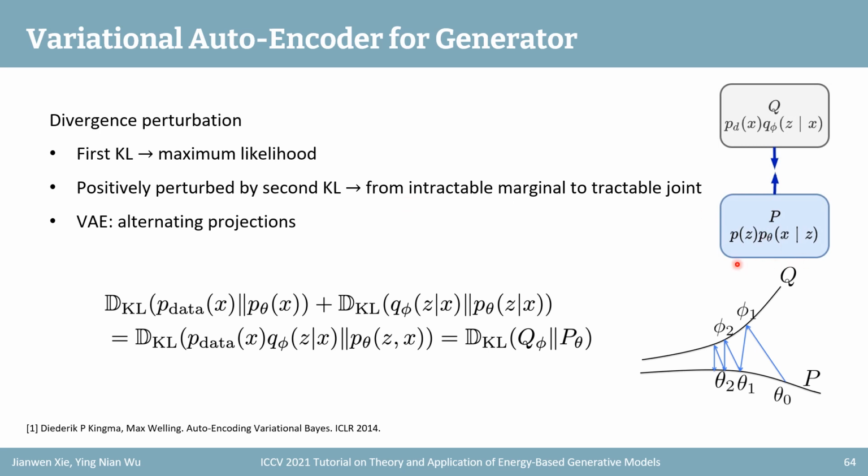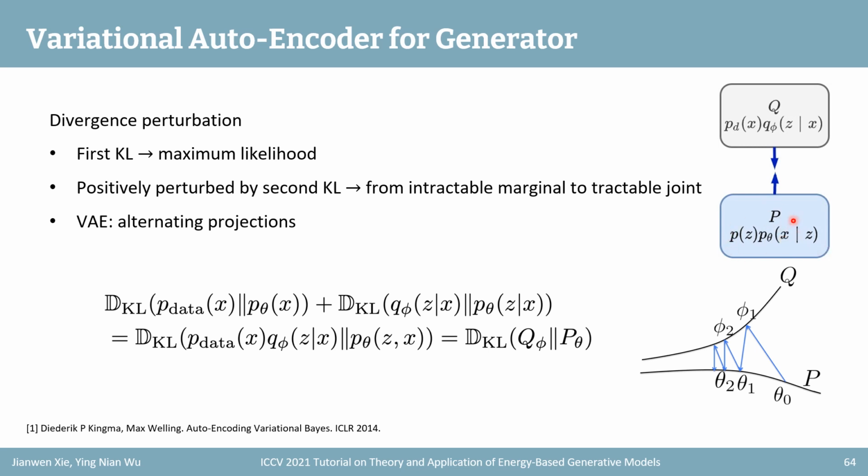First, a little bit of notation. Again, we have Pz as a prior for the noise vector, and P theta x given z defined by the top-down generator network. This gives us the joint distribution of observed x and the latent code z. We call the joint distribution P, and it is parameterized by theta, which are the parameters in the top-down network.